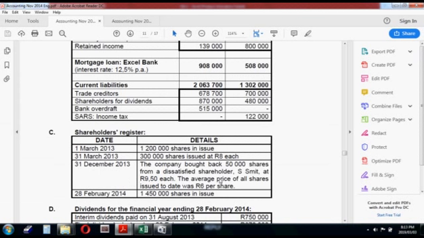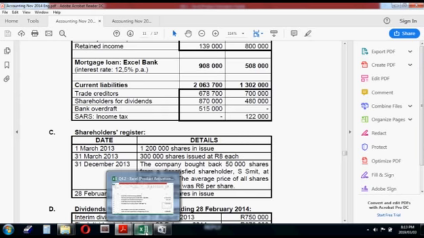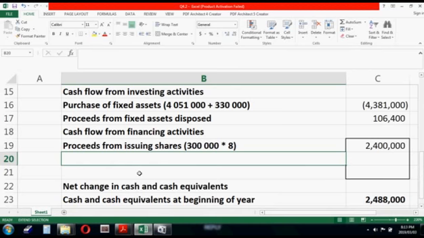On 31 December 2013, the company bought back 50,000 shares from a dissatisfied shareholder, S. Smith, at 9 Rand 50 each. The average price of all shares issued to date was 6 Rand per share. But we are interested in the outflow of money when the share buyback takes place, so it will be the 9 Rand 50. So it's 50,000 shares times 9 Rand 50.